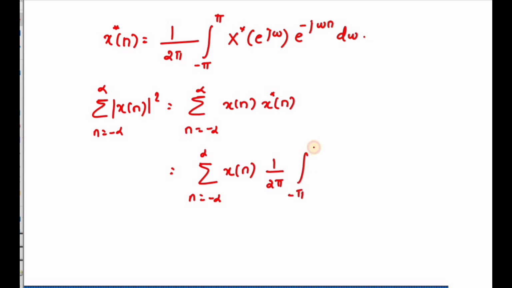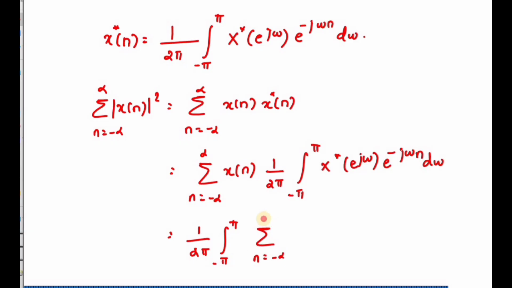From the above equation, I am going to take 1 divided by 2 pi and the integral from minus pi to pi outside. So you will get the summation n is equal to minus infinity to infinity of x of n e power minus j omega n, into X star of e power j omega d omega.